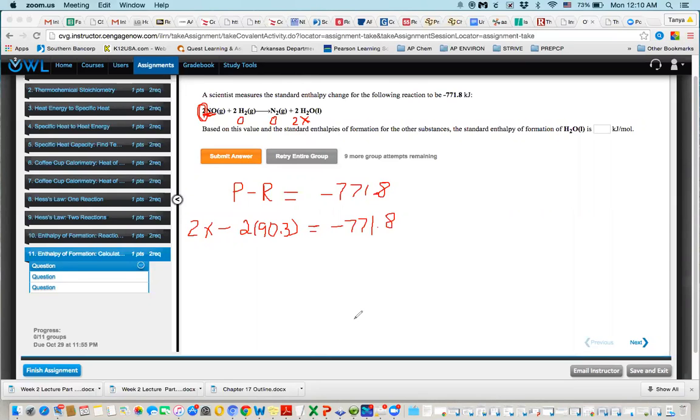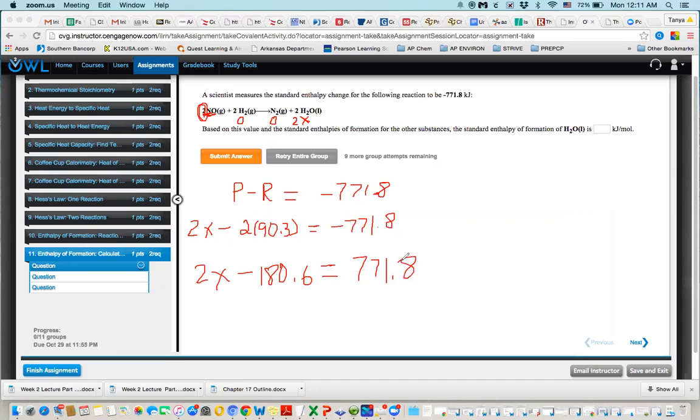So now you're just simply going to solve for X. That's all you have to do here. So 2 times 90.3. I'm going to simplify that a little bit. I've got a 180.6. So 2x minus 180.6 equals negative 771.8.